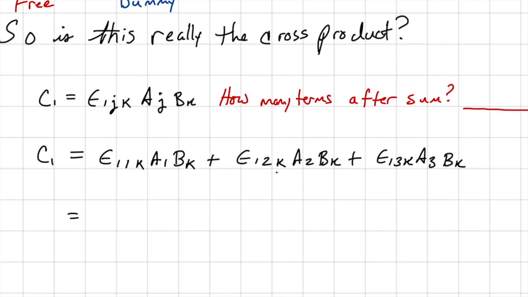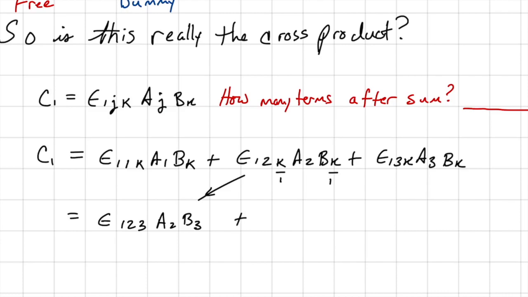I have the freedom to now do the sum over k. But when I do k equals 1, this term is going to vanish. When I do k equals 2, I'm also going to get nothing from this. I have to go all the way to k equals 3. So then this is equal to epsilon 1, 2, 3, a2, b3, and that's what we get from this term.